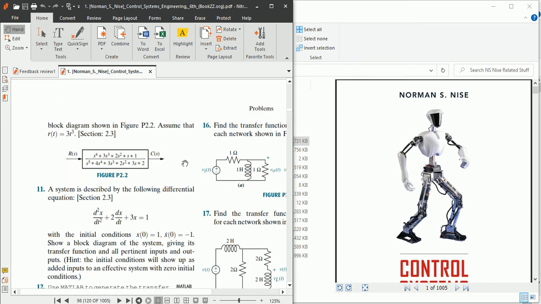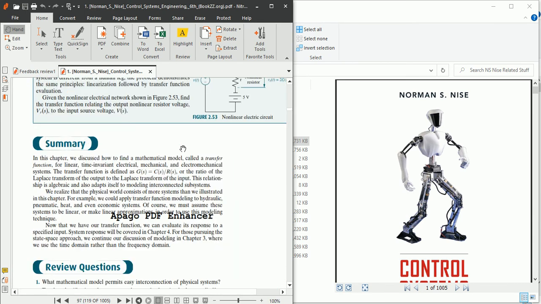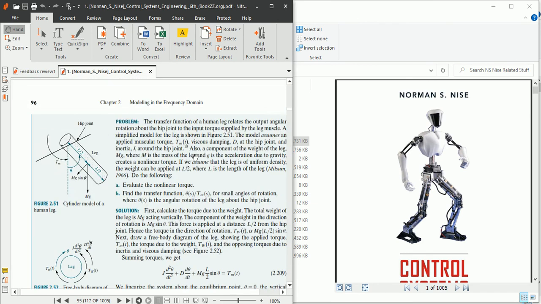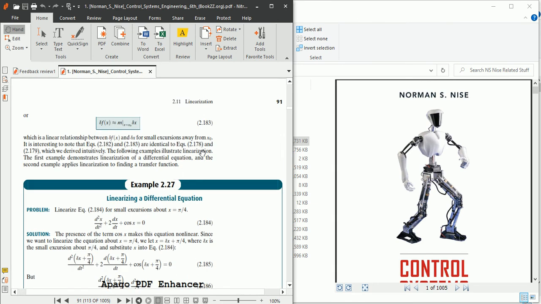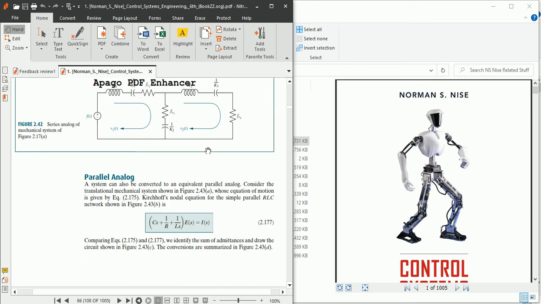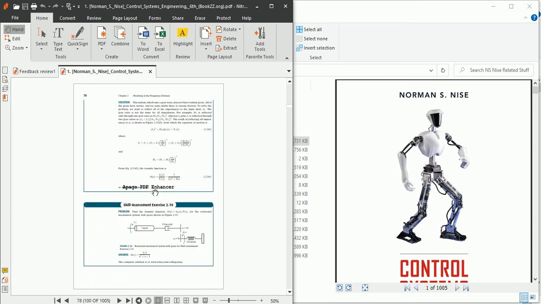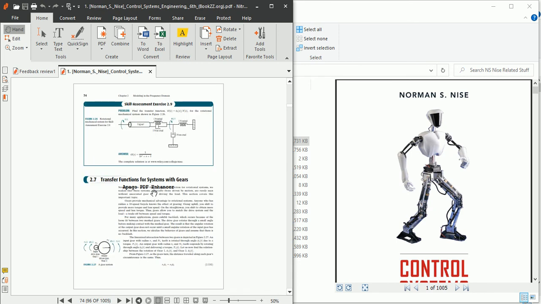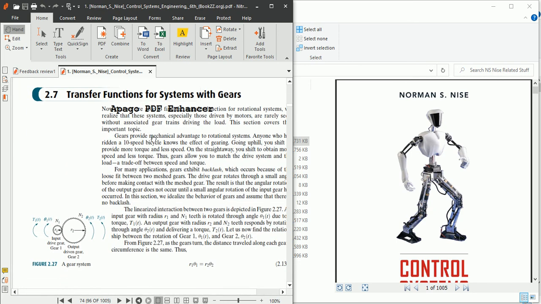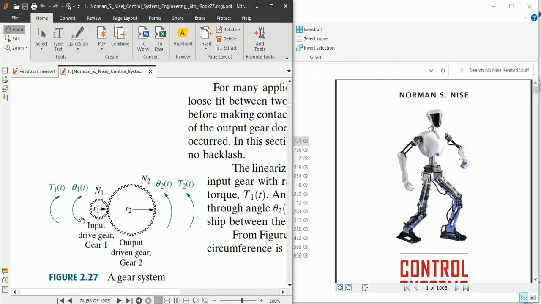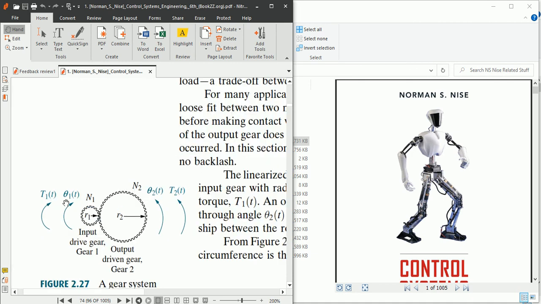Yes, here is the book. You can see this diagram here: T1, theta 1, N1, R1, then R2, its radius, N2, theta 2, and T2.